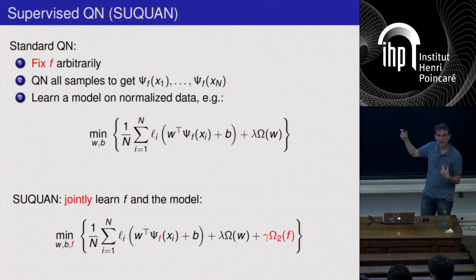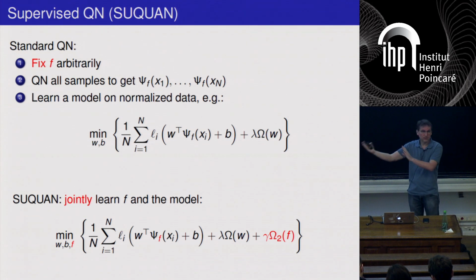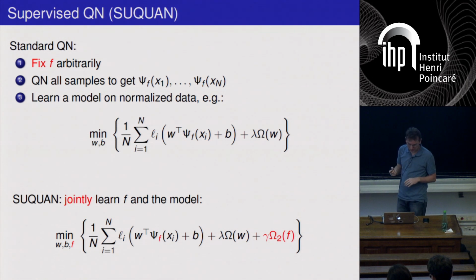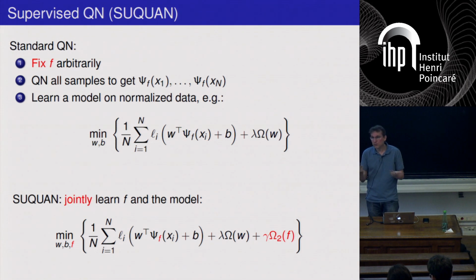And to say that maybe I can jointly optimize the target quantile and the linear model so that globally I have a representation that is good for my problem. Right? And so this is why we call that SUQUAN. SUQUAN means supervised quantile normalization.